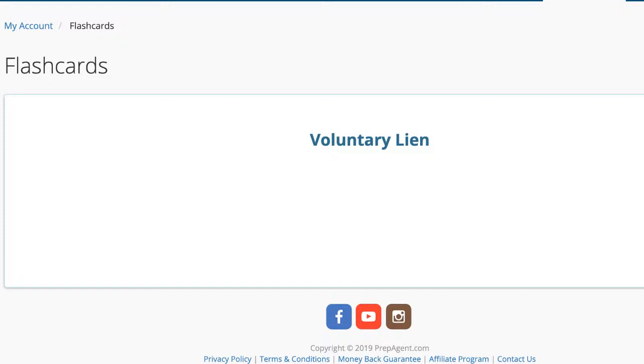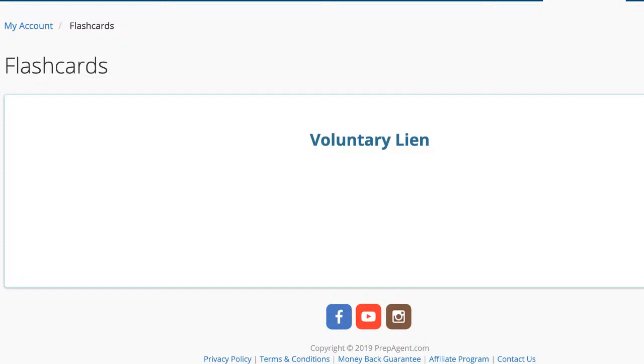Okay, voluntary lien. What can you guys tell me about a voluntary lien? A voluntary lien would be a lien that you agree to take on.